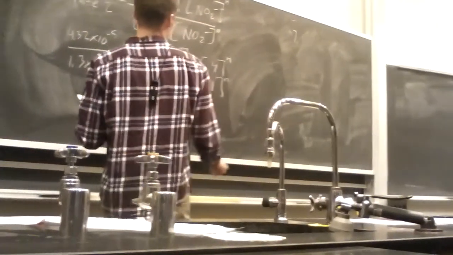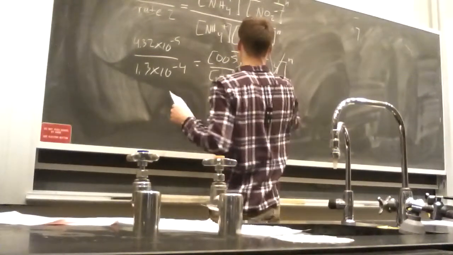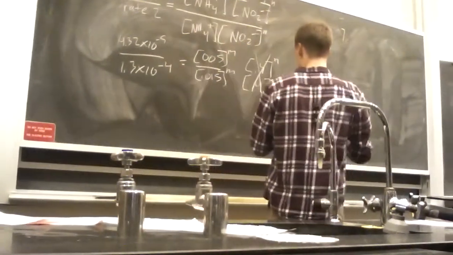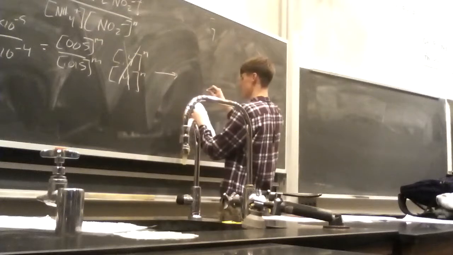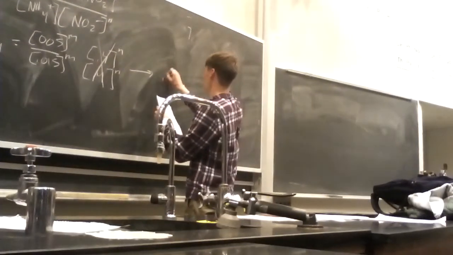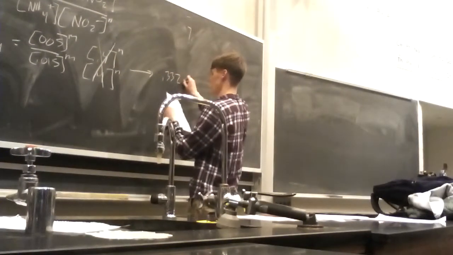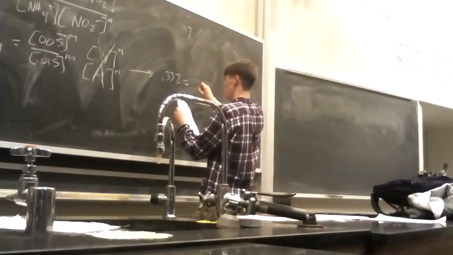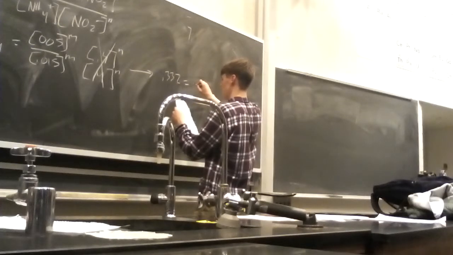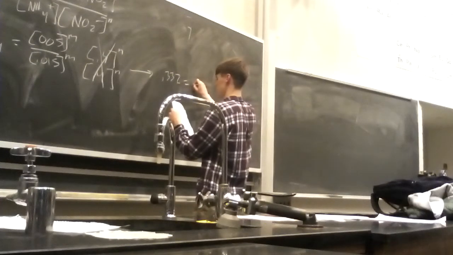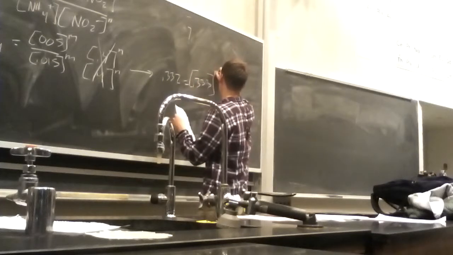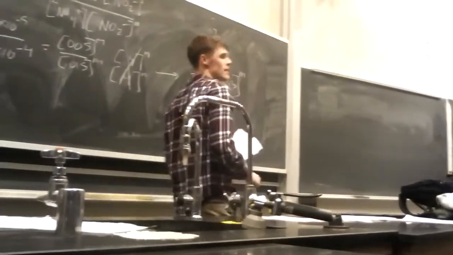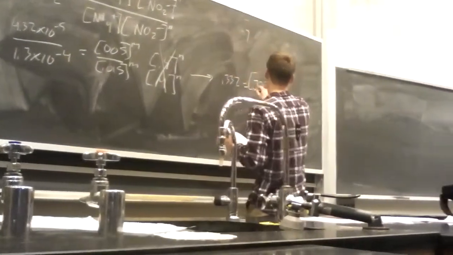So immediately you can tell, okay, this cancels. And now we're looking at that situation. So I'm gonna move over here and that equals 0.332 is equal to 0.333 to the n.